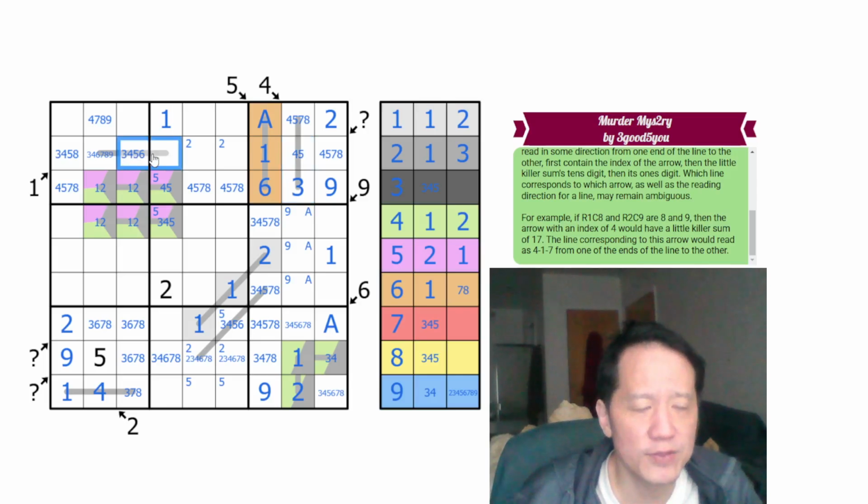This can't be 32. So this would have to be at least 34, I think, right? So we have a 41, we have at least a 43 here. This could be 32. So 41 plus 43 is 84 plus 32.